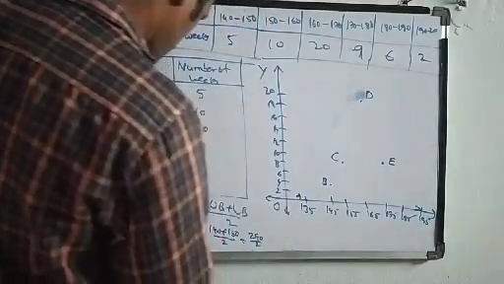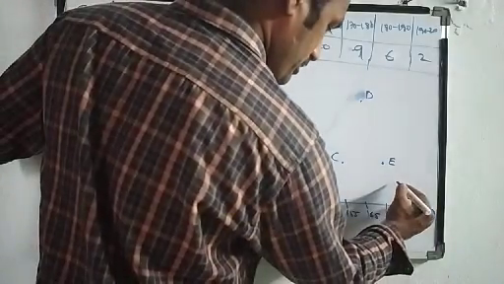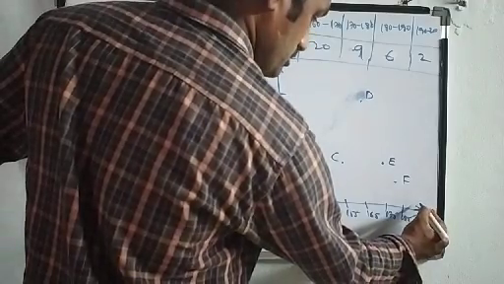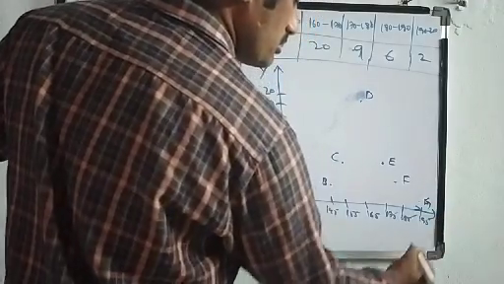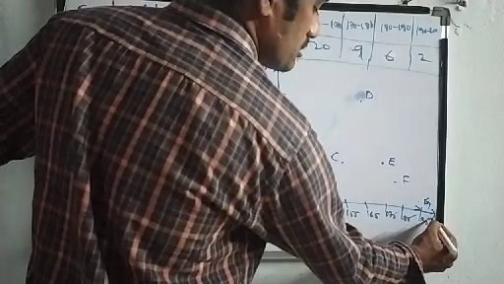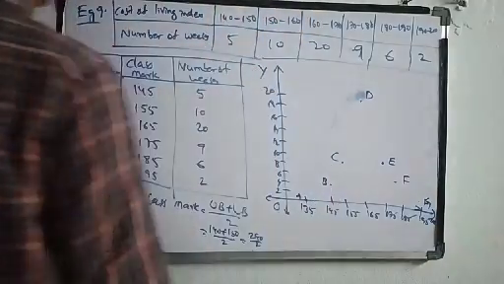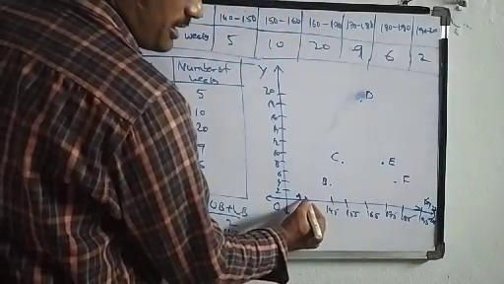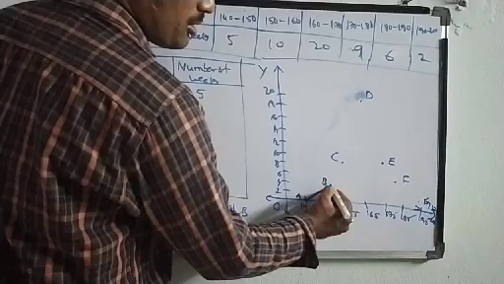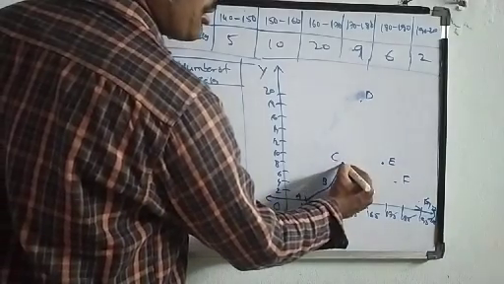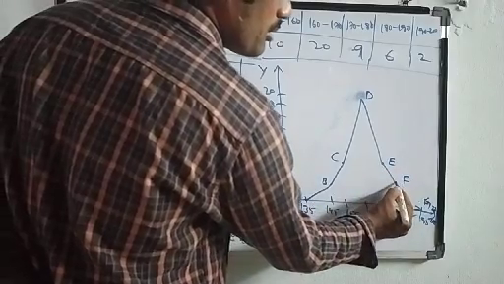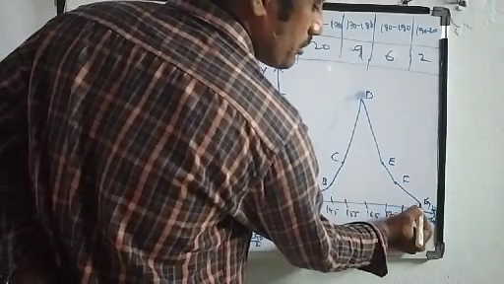And 185, 6 units, and 195 it is 2 units, and the other one is 205. That will be H. So join all this by using the scale. Between 2 points only we have to join.